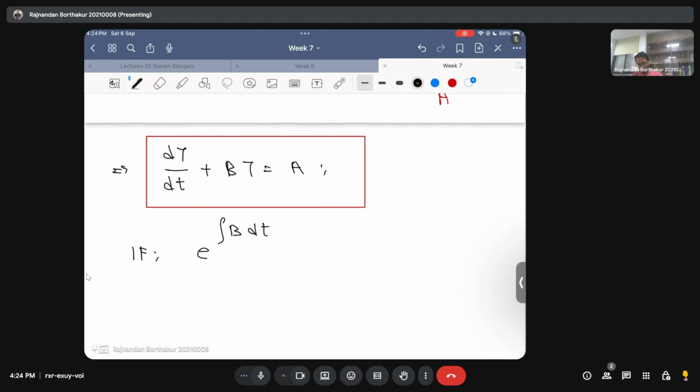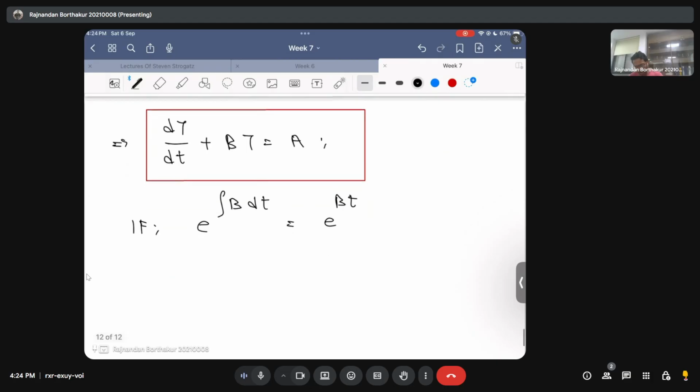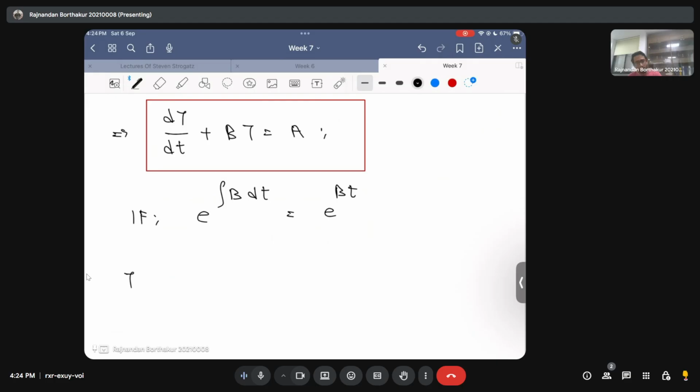If you calculate this integrating factor for this problem, it will just come out to be e power b times t. So the solution becomes T times the integrating factor, e power bt, equal to the integral of a times the integrating factor, e power bt, dt. That's it.